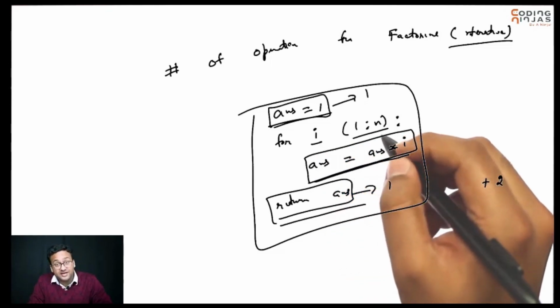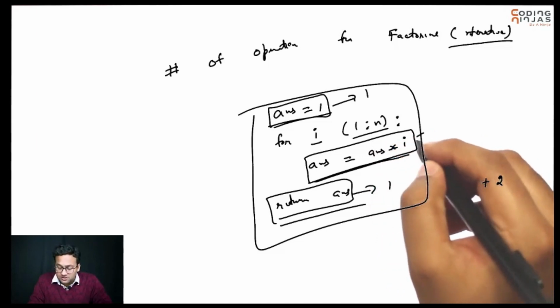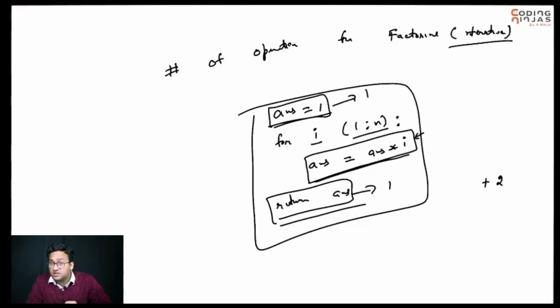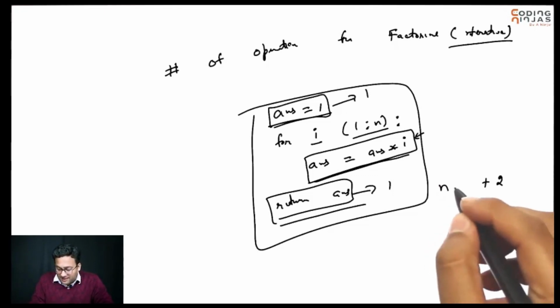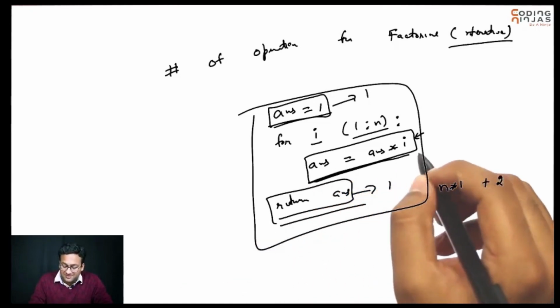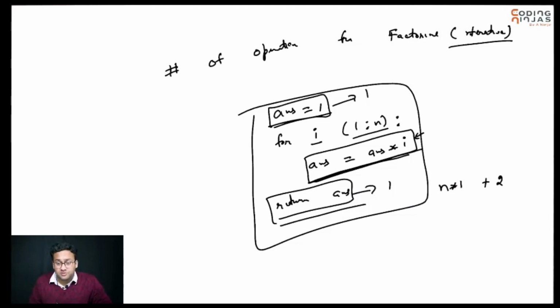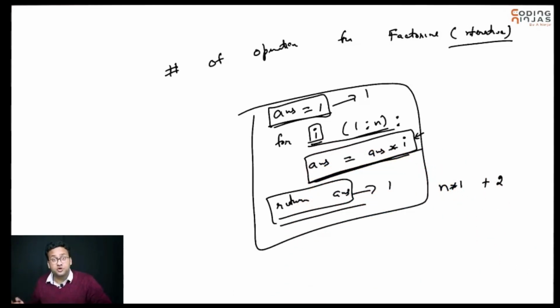This loop is running n times, and every time this loop runs, this is executed. Is this the only line? So in a way I could have said n times I am doing one operation, this operation. But that's not really true, because when you're running this for loop, this I value will be incremented for you as well, right? I will start from 1, it will increase as well.